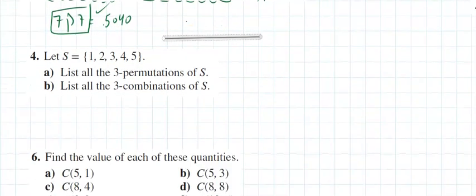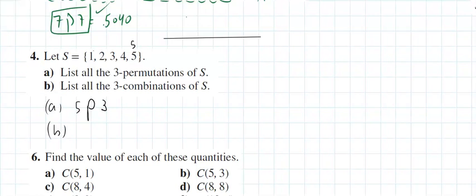Now, if I look at problem number 4, it says we have a set of 1, 2, 3, 4, 5 elements. List all the 3-permutations you can get. So in part A, we're going to take 5 choose 3 as permutations, and in part B, we're going to choose combinations, 5C3.